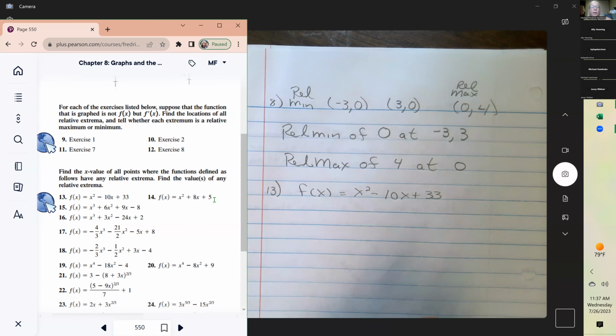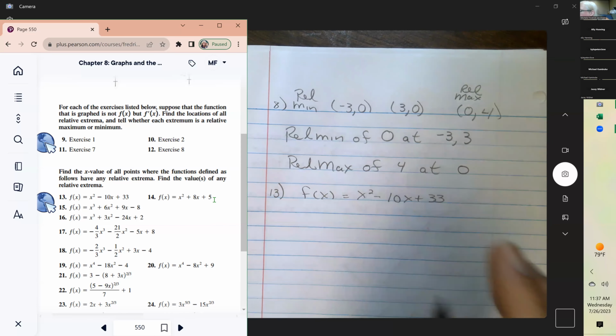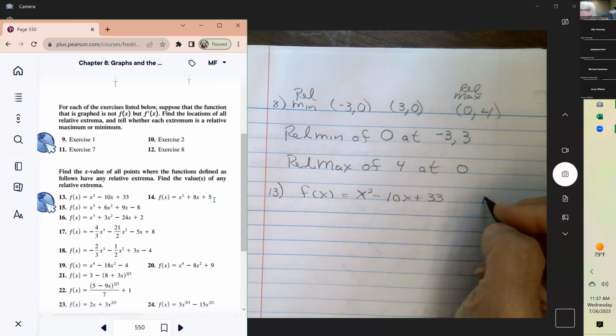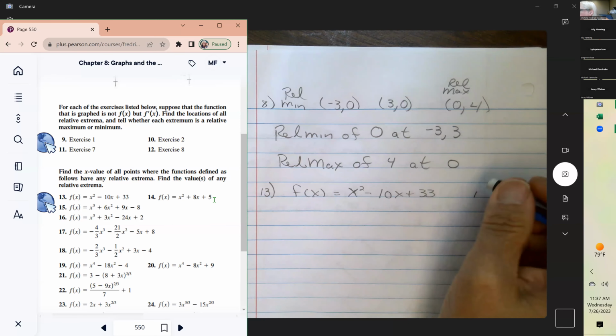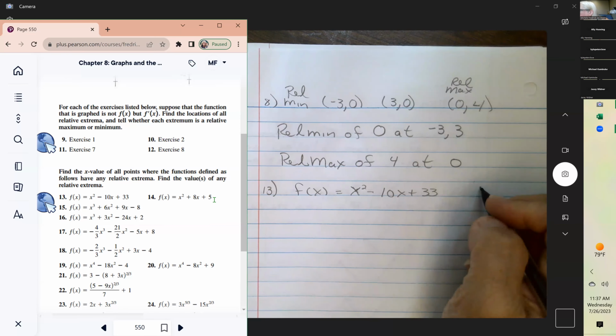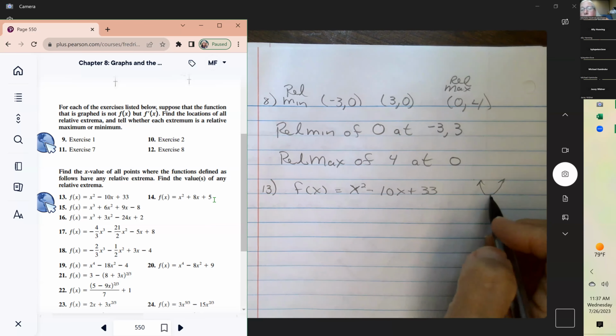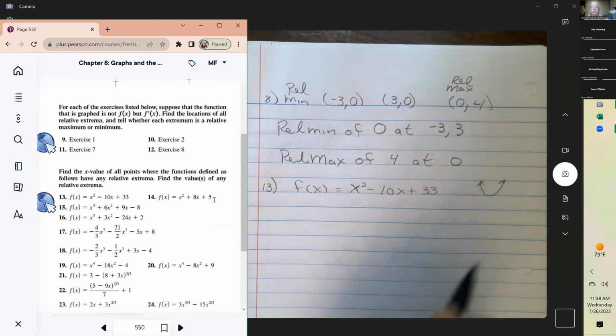We know this is a parabola. And we know it's going up. So the relative extrema would be the vertex, and we've learned lots of ways of finding the vertex.